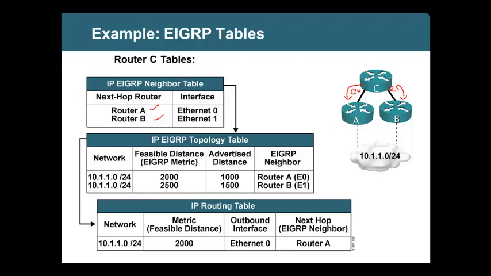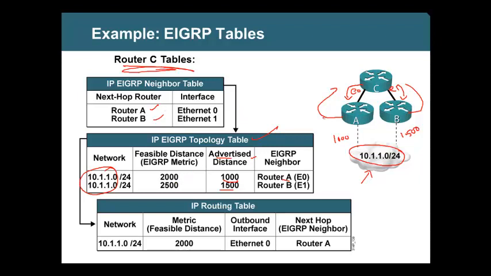And now for this destination, the advertised distance, which is here, is 1000. That is what A is advertising to C. And the advertised distance here is 1500. So B is advertising 1500 to C. We are seeing the output on router C.